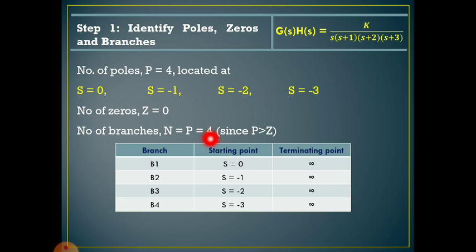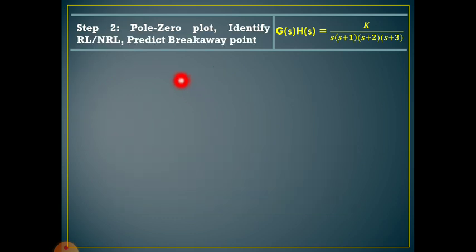All the 4 branches will start at the available pole locations, and they should have ended at zero, but there are no zero locations available, so all the 4 branches will start at the 4 available pole locations and will end at infinity.